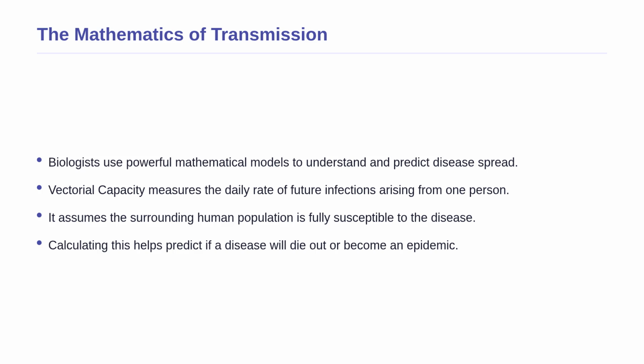This is a mathematical value that measures the daily rate at which future infections arise from a single currently infected person, assuming everyone else is susceptible. By calculating this specific number, epidemiologists can predict whether a disease will naturally die out, remain stable, or explode into a massive epidemic. Let us look at the exact formula used to calculate this risk.